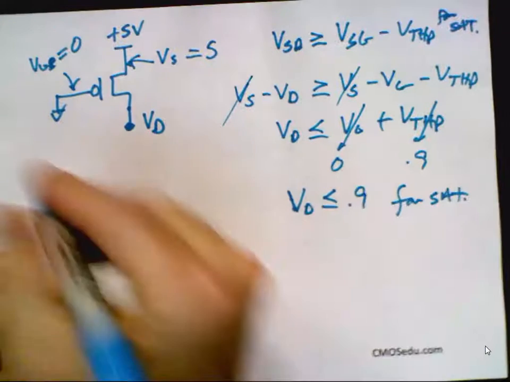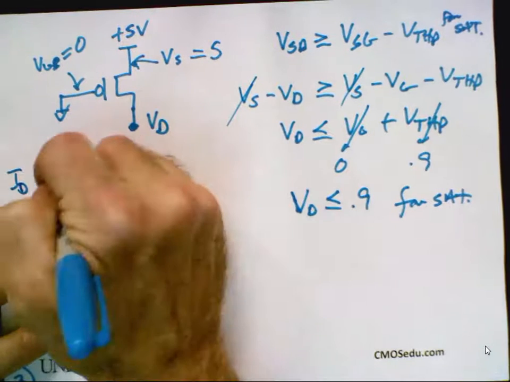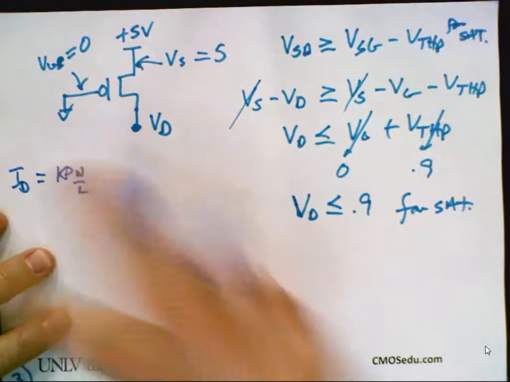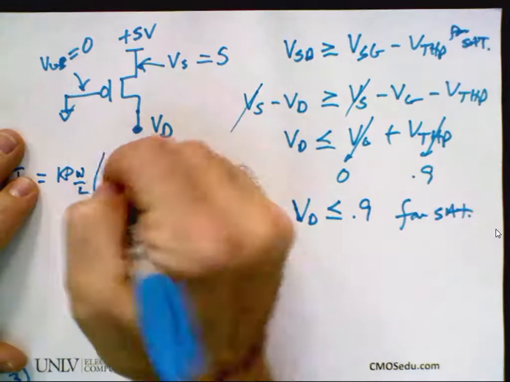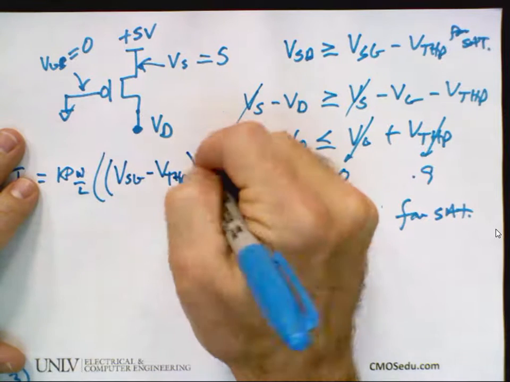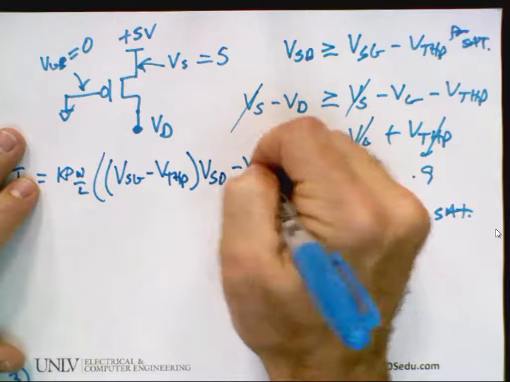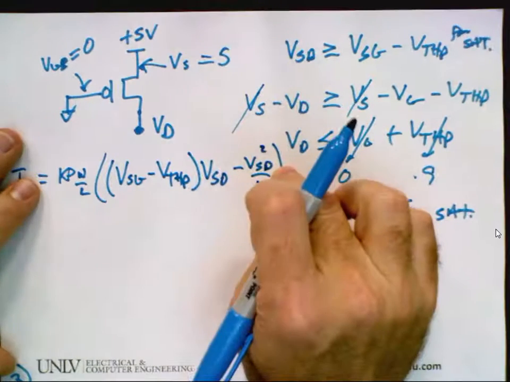So for the triode equation, I have ID is equal to Kp times W over L, no divide by 2, times VSG minus V threshold P times VSD.